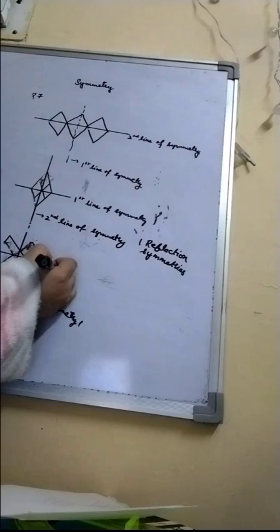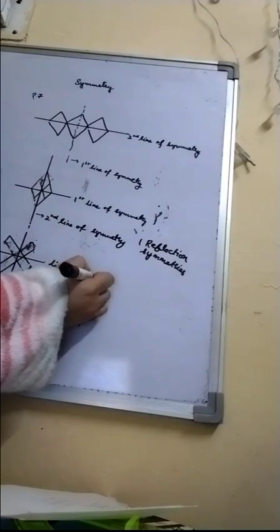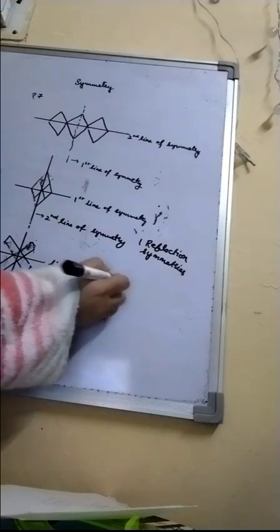So this is line of symmetry 1. And then the next is the horizontal symmetry, which is line of symmetry 2. Okay, so in this way you get the lines of symmetry for the figures.